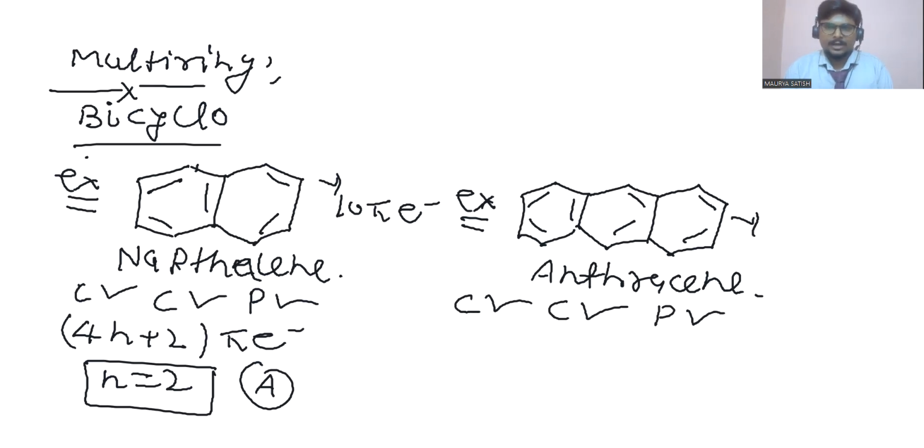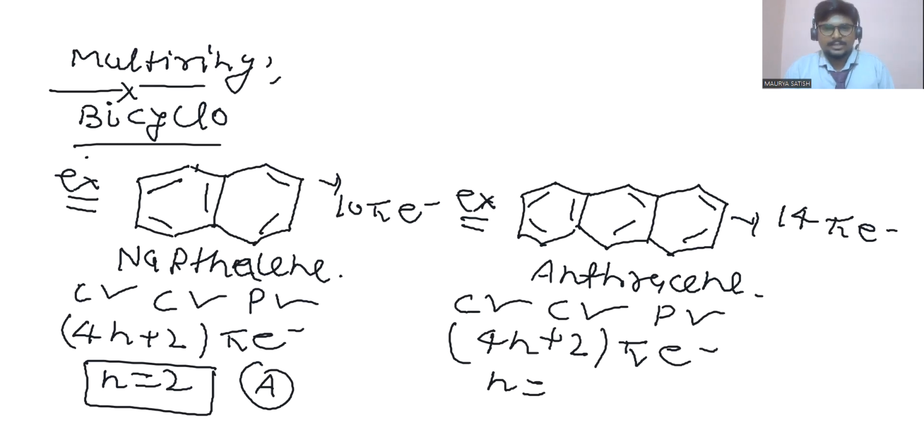So count the total number of pi electrons: 6, 6 to this one is 6, 4, 10, 10, 4, 14 pi electrons. That means it satisfies 4n plus 2 pi electrons. If you put n equals how much? 3. 4 threes are 12 plus 2, so it becomes 14 pi electrons. Obviously it is also aromatic.